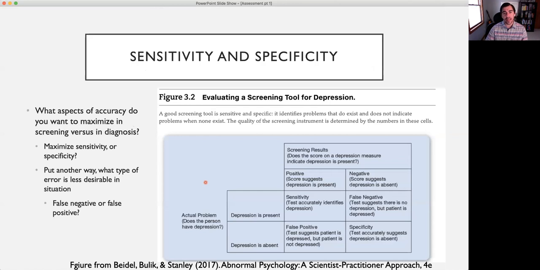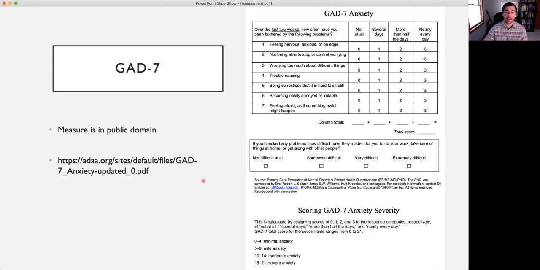So let's get back to this idea of really what screening instruments give us and how we get to those thresholds or scores that I mentioned. The idea here is that a score of 10 or higher on the GAD-7, from the literature, would be an indicator of potentially having generalized anxiety disorder.